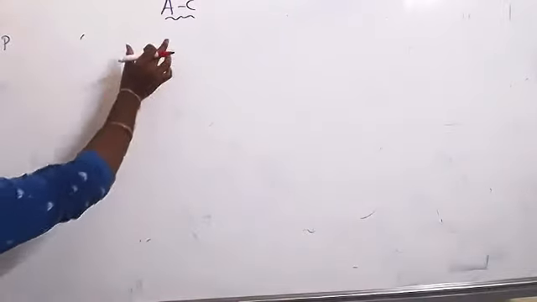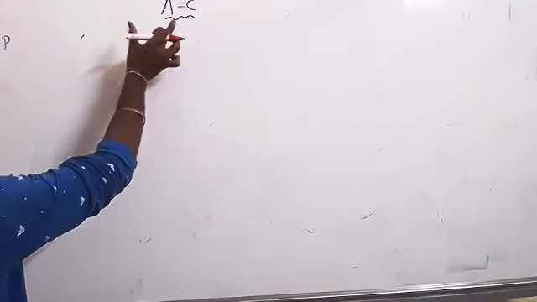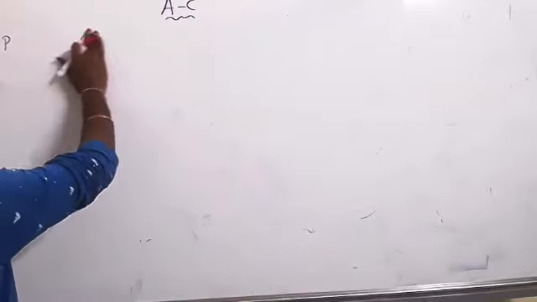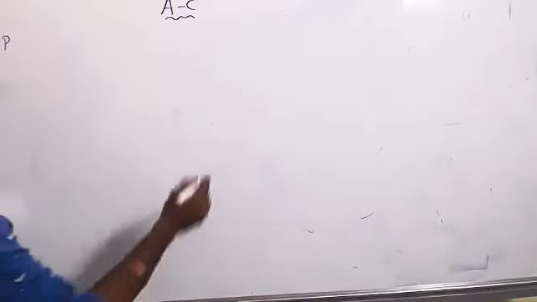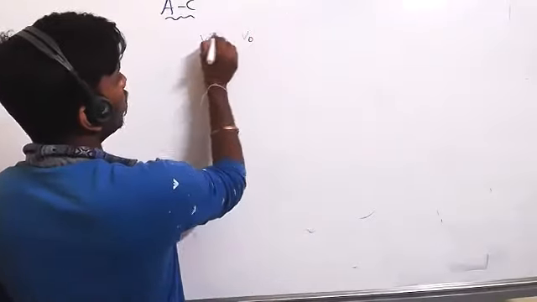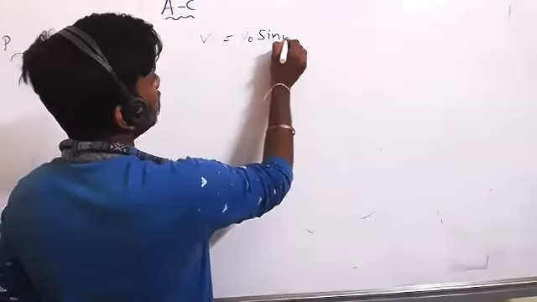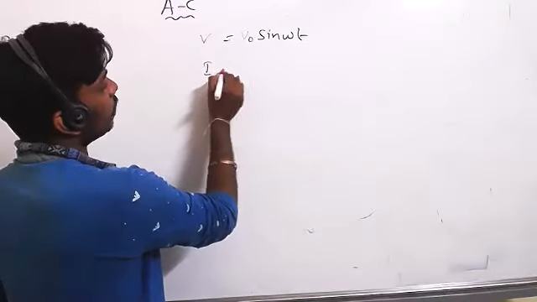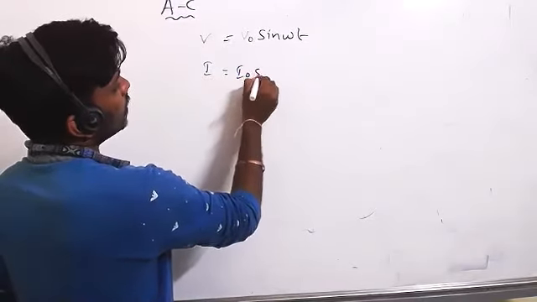Now give me an idea how to solve this problem. Only 3 circuits: one is pure resistive circuit, one is pure inductive circuit, one is pure capacitive circuit. In the 3 circuits, input voltage is common, that is V is equal to V naught sine omega t. For resistance, you will get I is equal to I naught sine omega t.